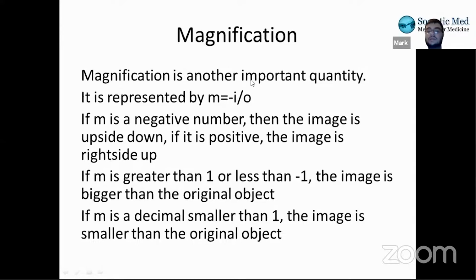However, if the absolute value of M is less than 1, the image is smaller than the original object, so it got reduced. That's like if you had a magnifier and you went down to 75%, which is 0.75, or 50%, or 25% and made it smaller. If you want to think of it like that.